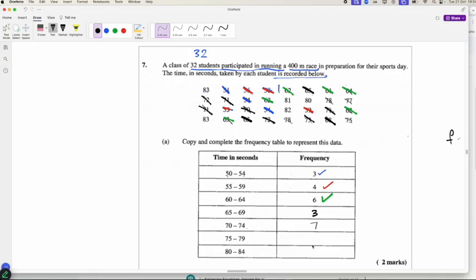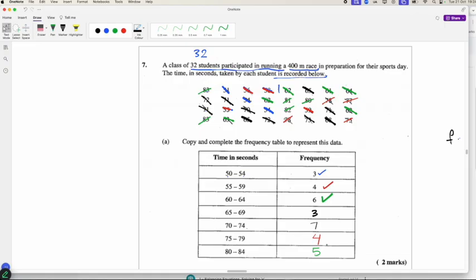Let me go back to red here. 75 to 79. 1, 2, 3, 4. I'll get 4 for this one. And then the last one here will be 1, 2, 3, 4, 5. 5.